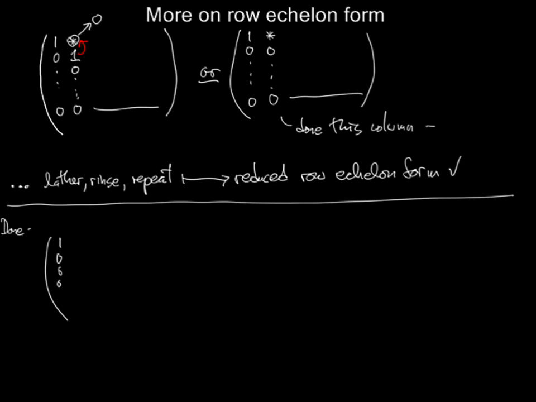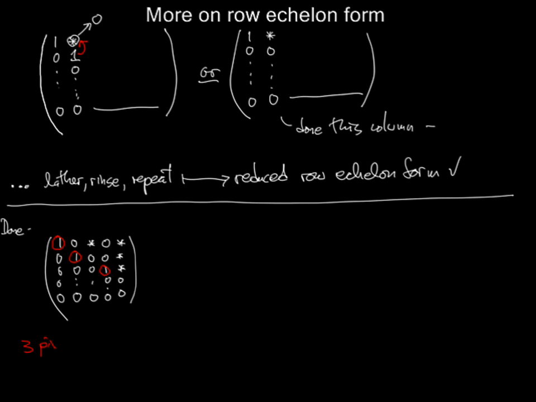Okay, so let's suppose that you've put a matrix in reduced row echelon form. And here I'll write a basic example, something like this. And the question is, what does that tell you about the solutions to an equation involving this matrix? So for example, suppose you'd gotten it down to this matrix.